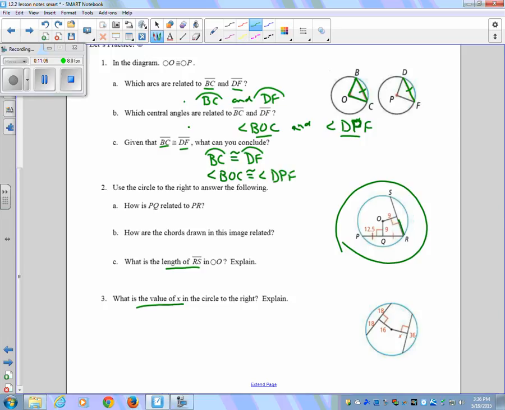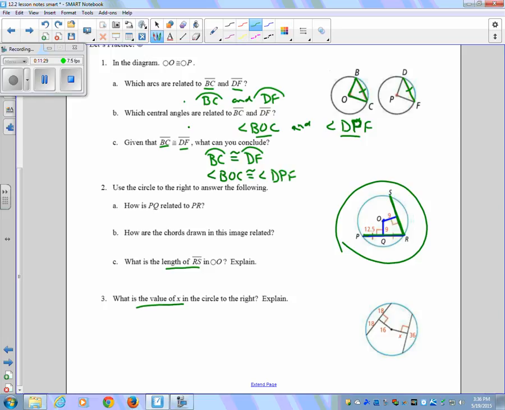Since it's a distance of 9 from the center, and PR is also a distance of 9 from the center, then we know that PR must be congruent to SR because of the same distance from the center.